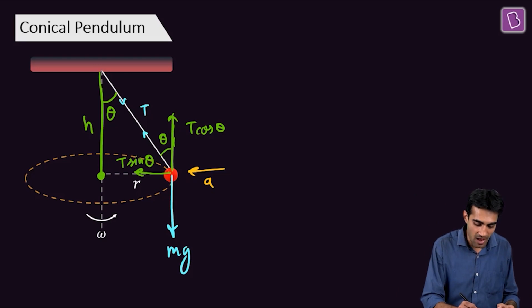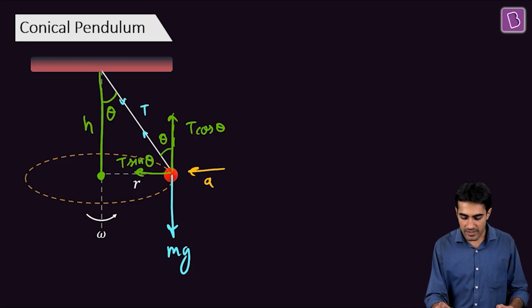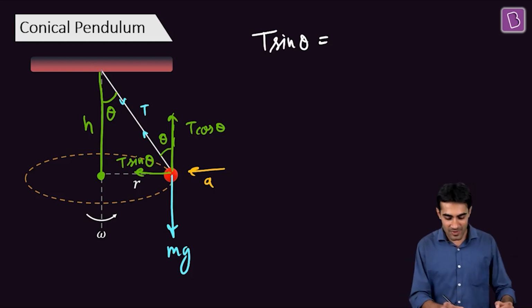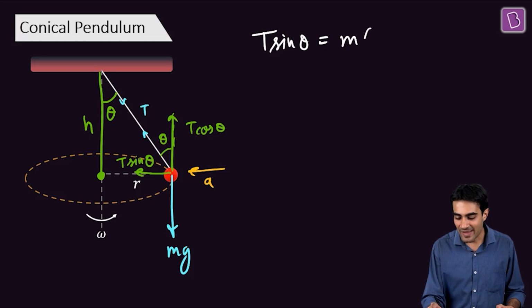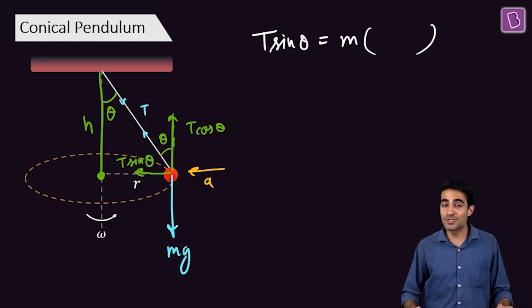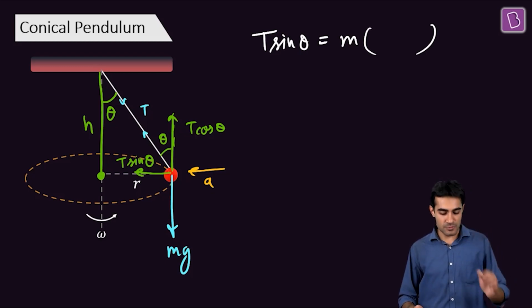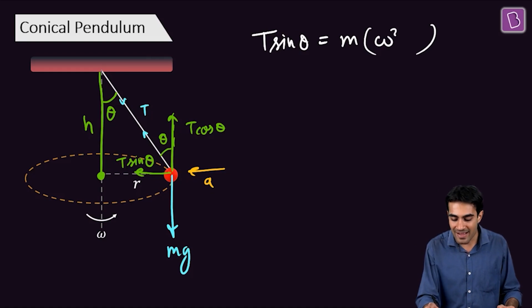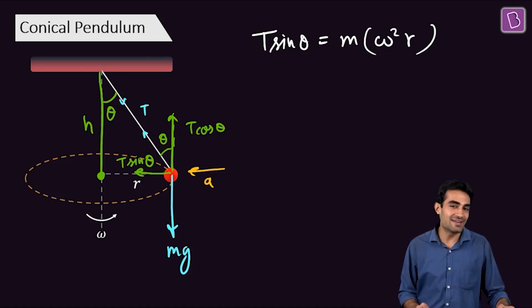Well done. Now let's write the equations. The equations are beautiful. We can first of all say that T sine of theta is equal to ma. What is the acceleration of this ball? Acceleration, we can write that in terms of omega and r. The centripetal acceleration is omega square r. Well done.